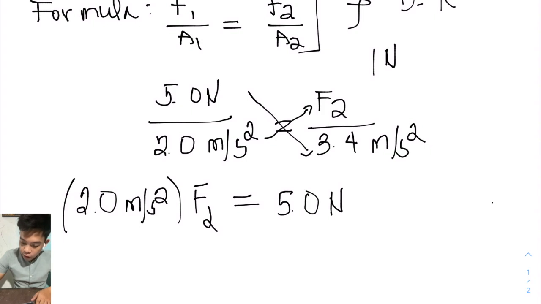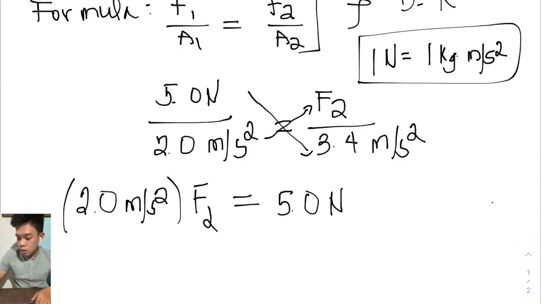Recalling the equivalent value, 1 newton is equal to 1 kilogram meter per second squared. This is very important for understanding the cancellation of units, so instead of newton I will write kilogram meter per second squared.